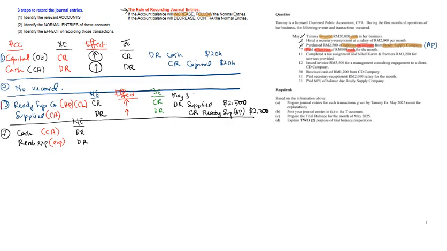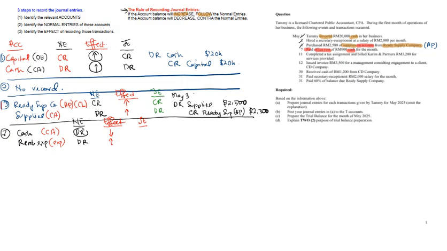We need now to understand the effect if we were to record the transaction. Our cash account will be lower because we paid the rent expense. As for the rent expense, when you record this transaction, the expense account will increase. With that, we're going to apply the rule of recording and state that if it decreases, we are going to contra the normal entry.